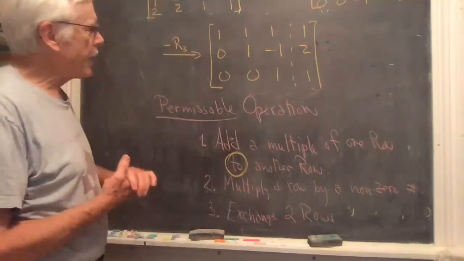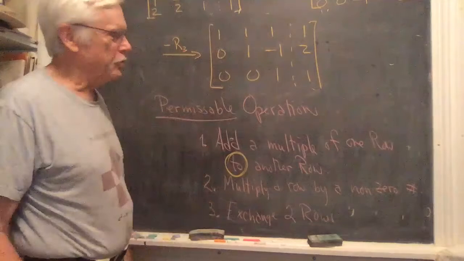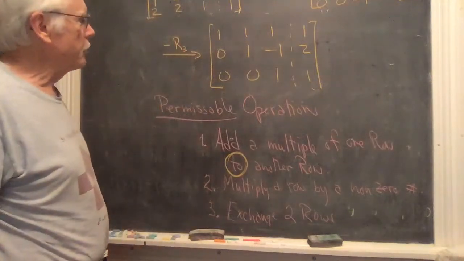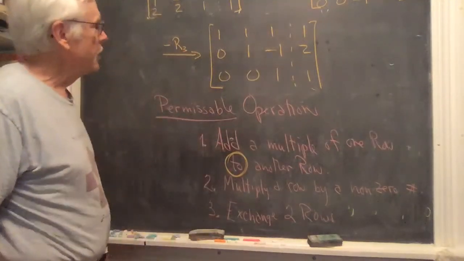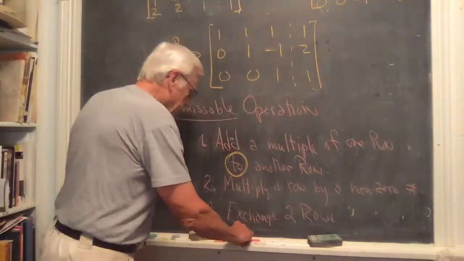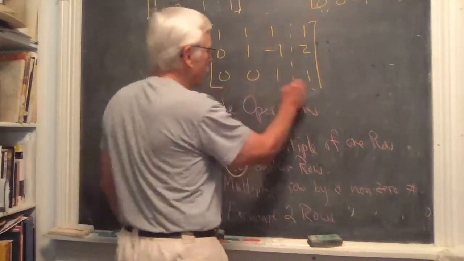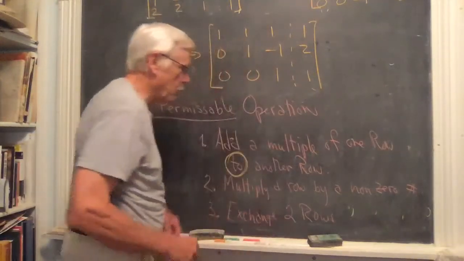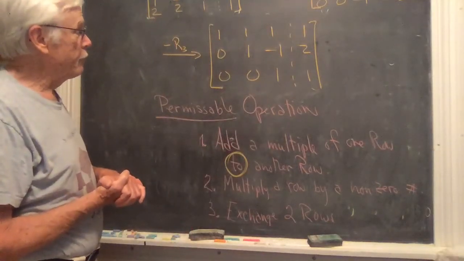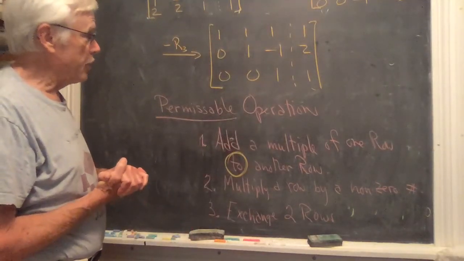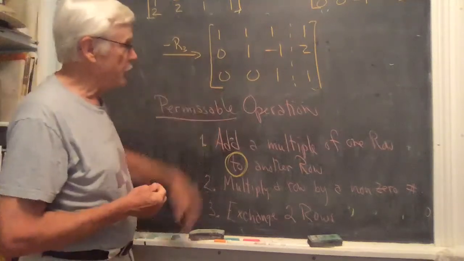This keeps track of the order of things, which is important in solving equations. So these are the permissible operations. And the net result here of doing this is a triangular matrix for what we've done so far. If the matrix just has an echelon form, that's what you get here.